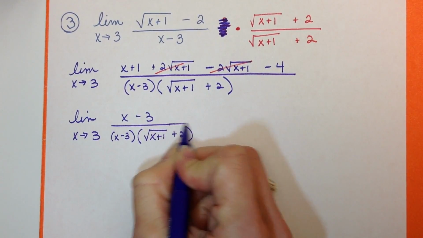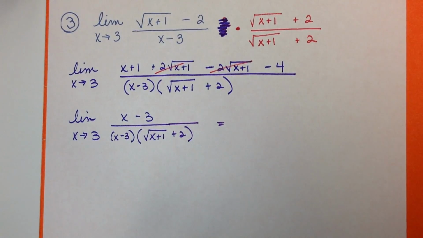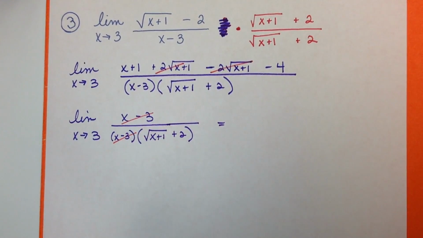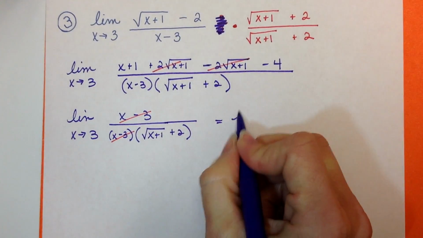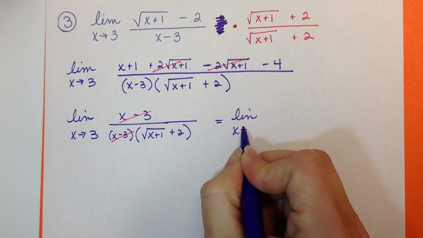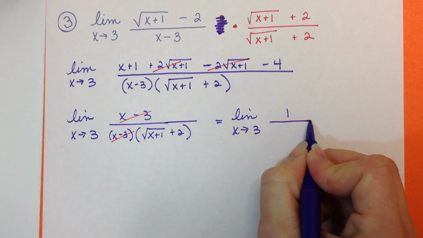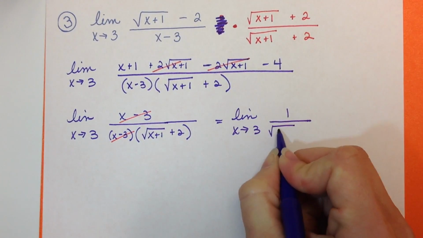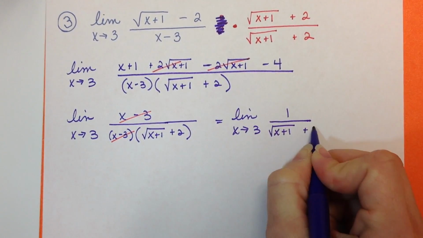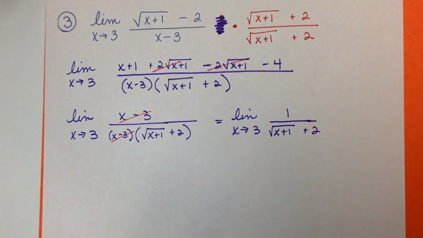Okay, so now what's going to happen is your x minus 3's are going to cancel out. So that just leaves you with an understood 1 on the top. And now the square root of x plus 1 plus 2. Okay, so we've done everything that we can do.